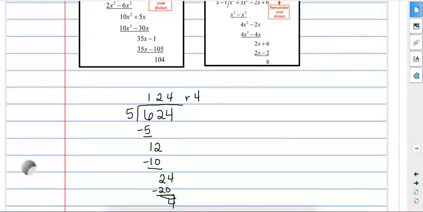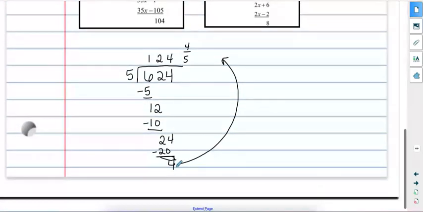And then when you get to middle school, you bring the 4 to the top, and it's 124 and 4/5, right? Your denominator is the 5 right here. These are the same steps we're going to use to solve dividing polynomials. So let's go ahead and try that. Let's go to the next page.